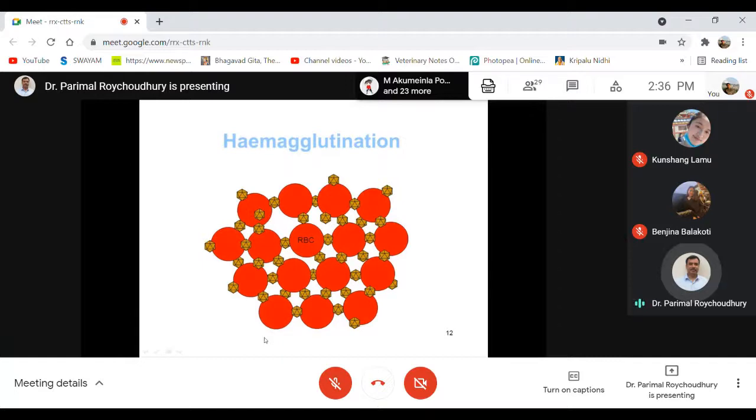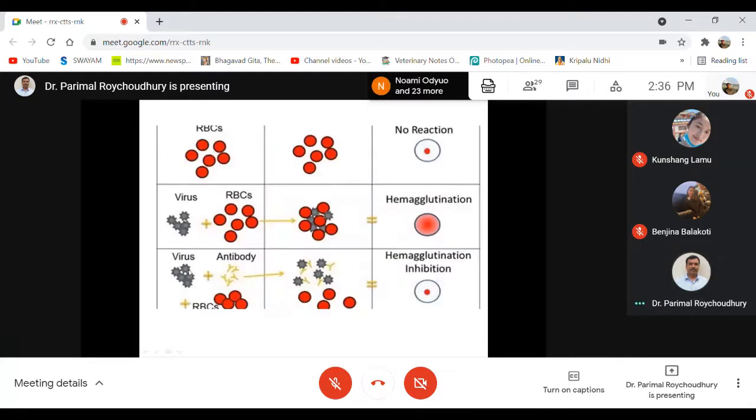But as you know, this is not a true immunological test because there is no involvement of antibodies. The more appropriate test is the hemagglutination inhibition, HI test. These two tests are performed for diagnosis of hemagglutinating viral disease.